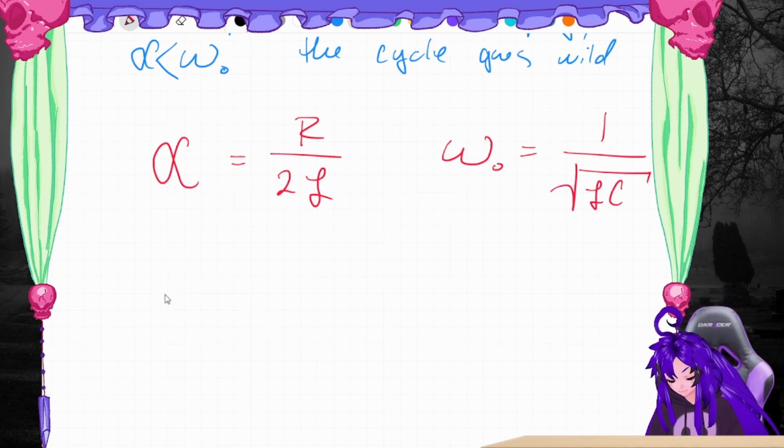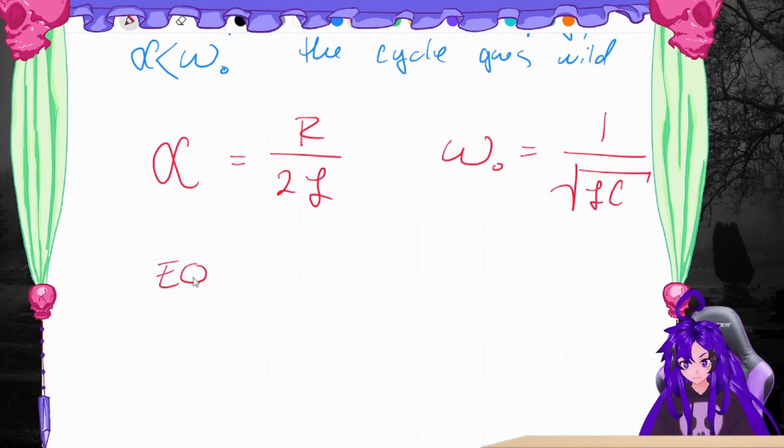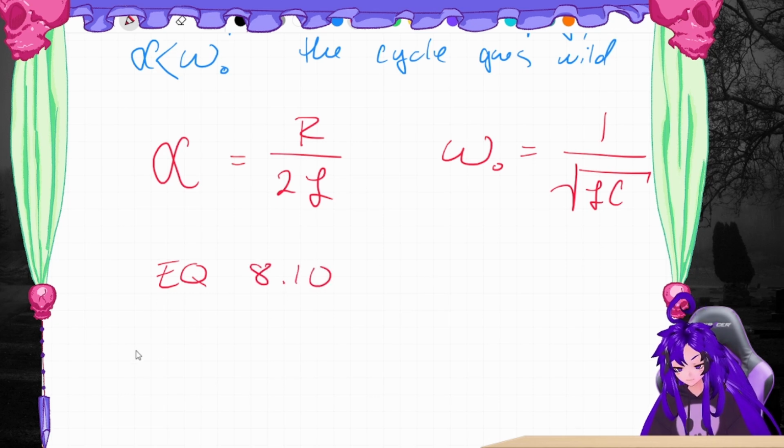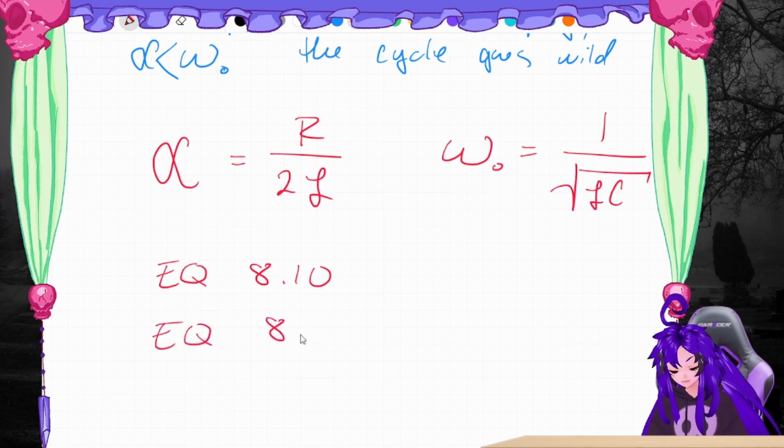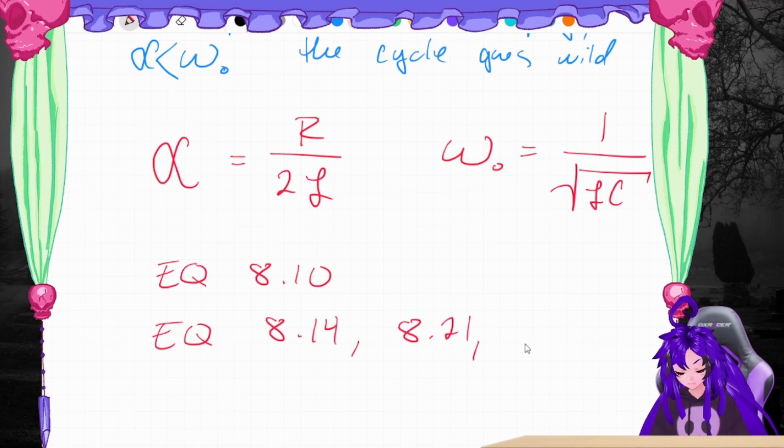That's not how you normally say that. And then the equations you're going to want to focus on are 8.10, but mostly equation 8.14, 8.21. Yes, those are both for second order.